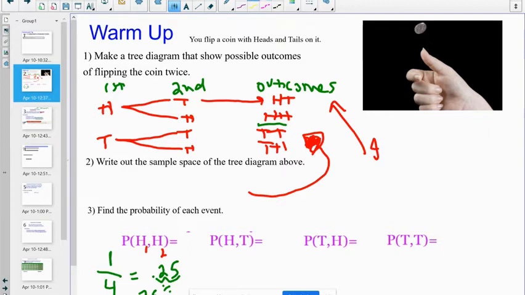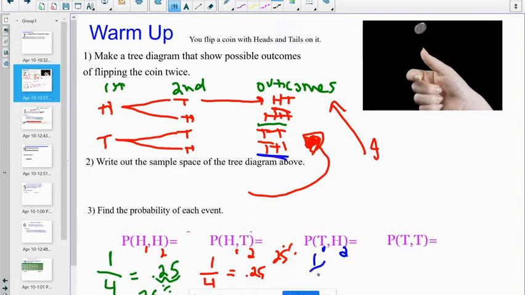Now, probability of getting a heads first, then tails second. There's only one up here. So that's again 1 out of how many total? 4. And again, that's going to be 0.25 or 25%. Now we're going to do probability of flipping a tail first, and then a head second. There's only 1.